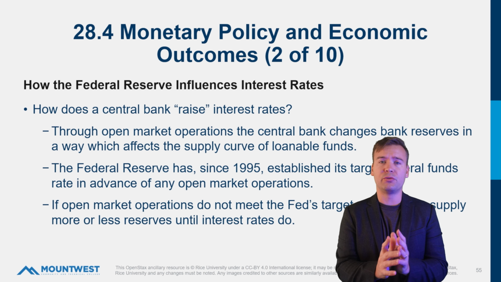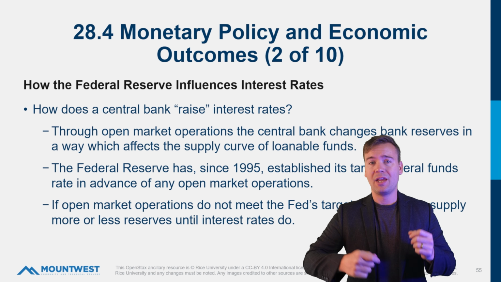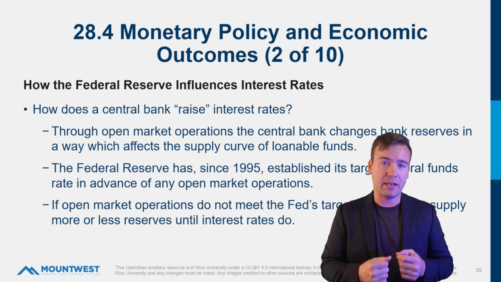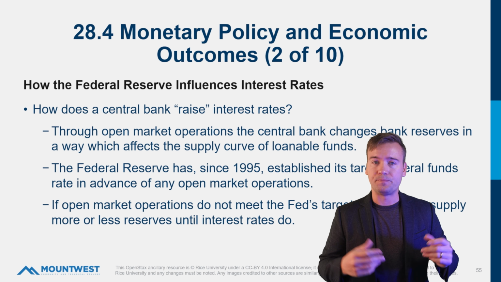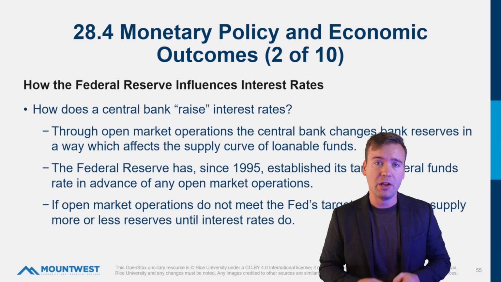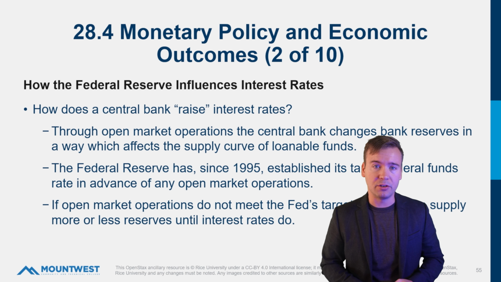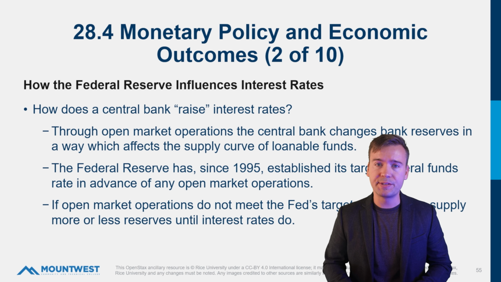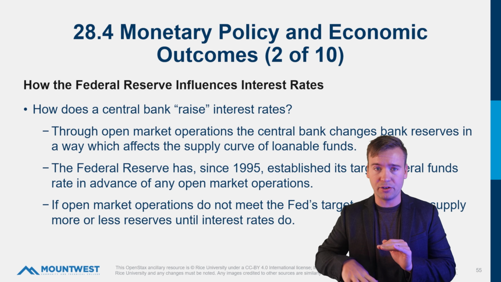So how does a central bank raise interest rates? It's not actually a direct action. It happens indirectly. Instead, what the central bank does is change the bank reserves through open market operations. That then affects the supply curve of loanable funds, and it leads to changes in interest rates. So it's an indirect thing that they are doing, right?